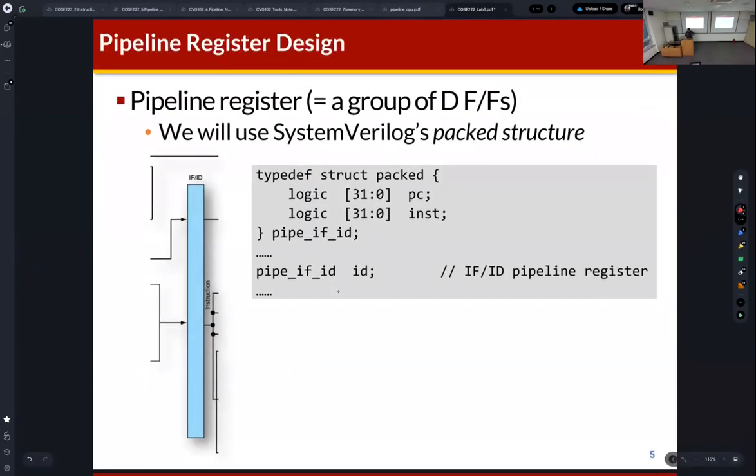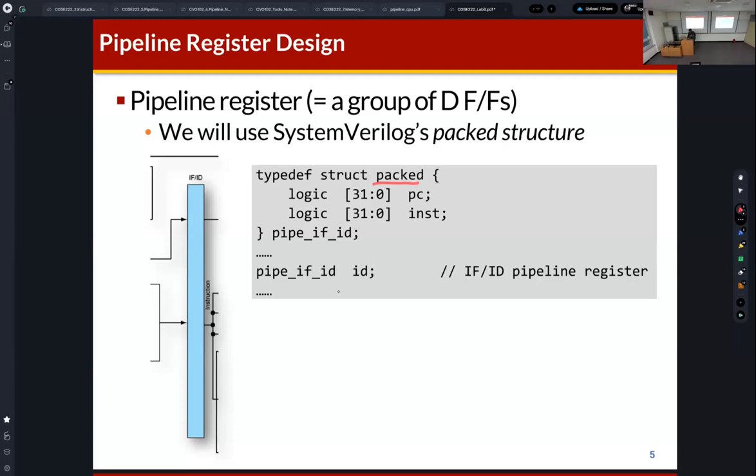Okay. So let's start from the pipeline register design. For this design, you need to use some new data type of SystemVerilog. As you can see, this is the struct packed. It's very similar to the structure of C or C++.